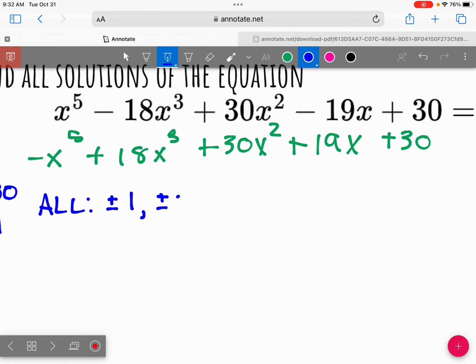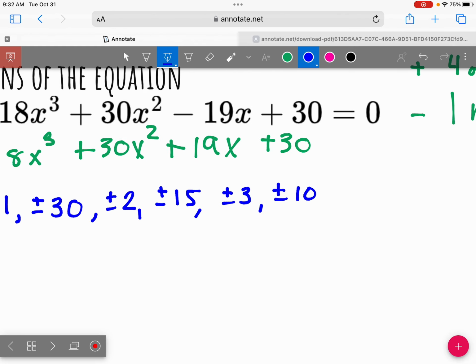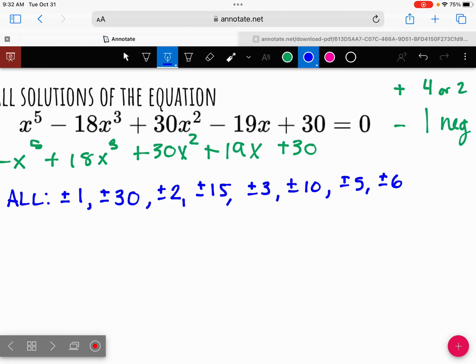I'm going to do my multiplication pairs. 1 and 30. 2 and 15. What else? 3 and 10. Anything else? 5 and 6. So those are all our possible options.